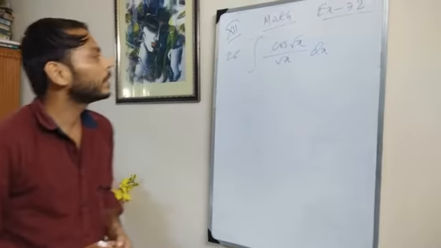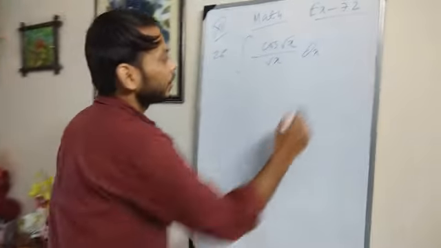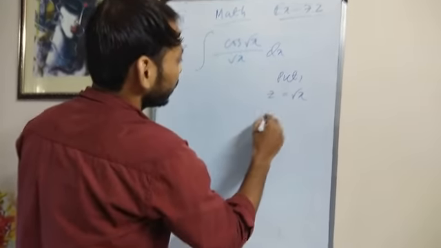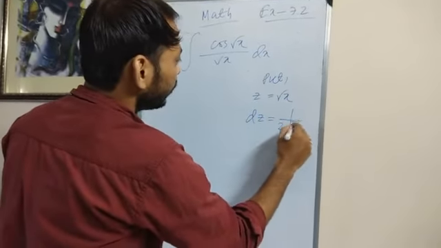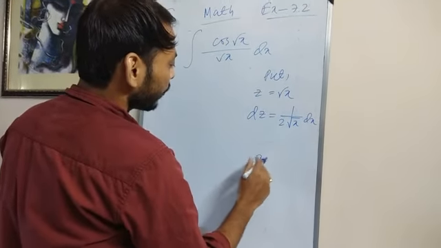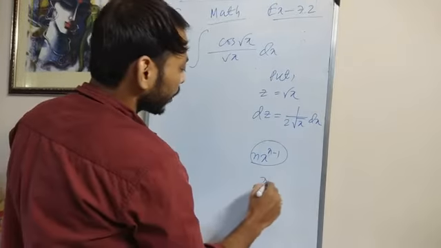Now question number 26, that is integration cos root x by root x dx. Here we will put z equals root x. That means dz equals 1 by 2 root x dx. You know that after doing the differentiation, the formula is n x to the power n minus 1. Here it is x to the power half.